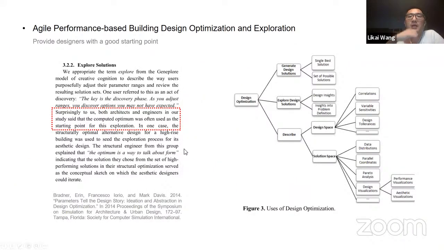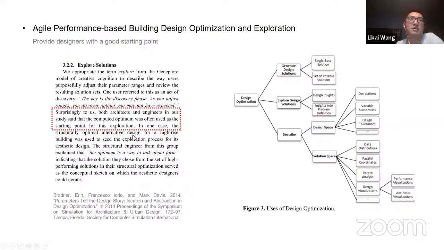And here is another paper I want to share with you that also agrees with the idea I had when I developed EvoMass. It says that, surprisingly to us, both architects and engineers in our study said that the computed optimum was often used as the starting point for exploration.